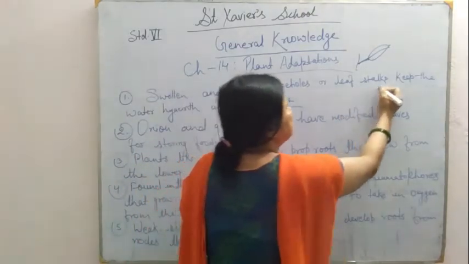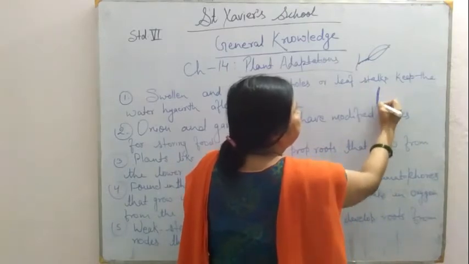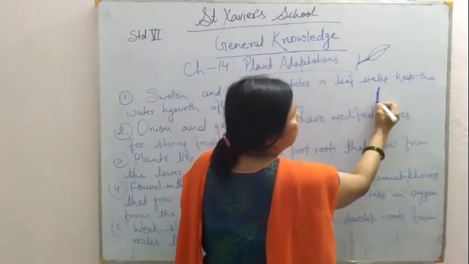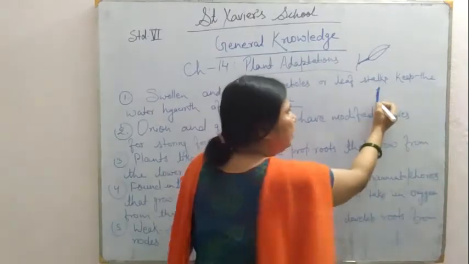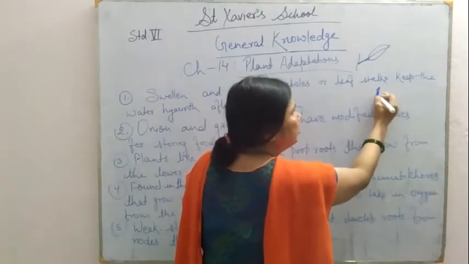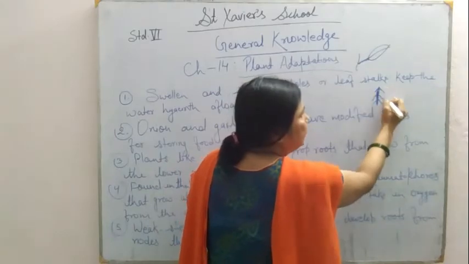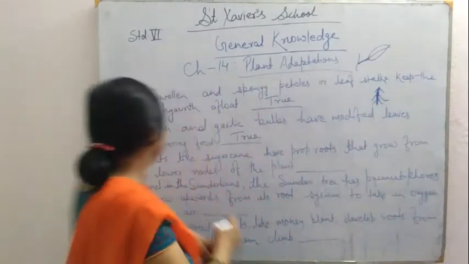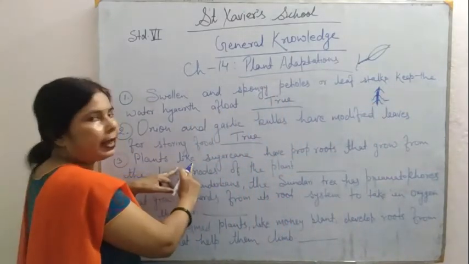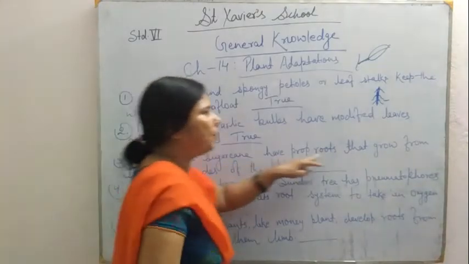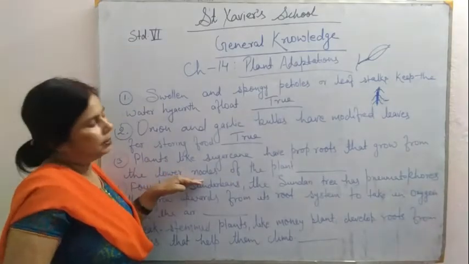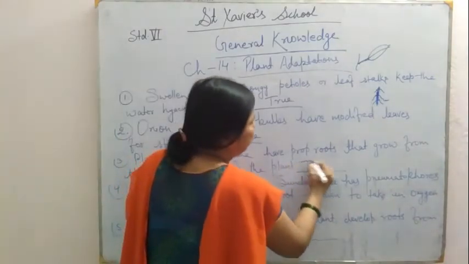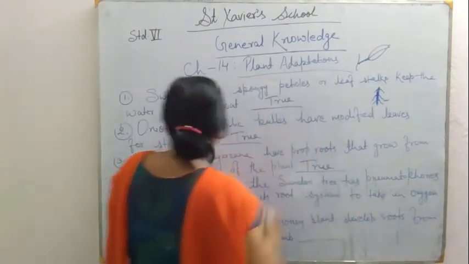Like this is a plant of sugarcane and you will see some nodes. These nodes mean gaanth. From these nodes you must have seen roots coming out, and these are called prop roots. So plants like sugarcane have prop roots that grow from the lower nodes of the plant. This is a true statement.